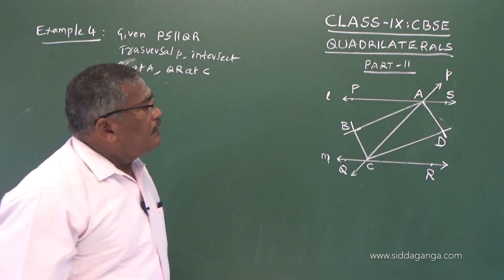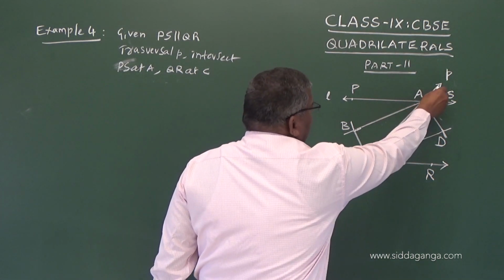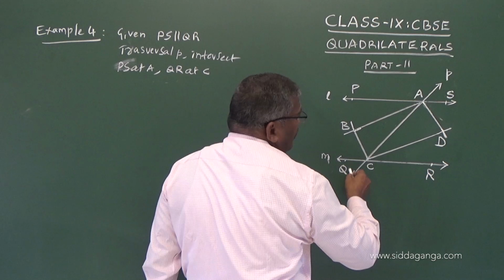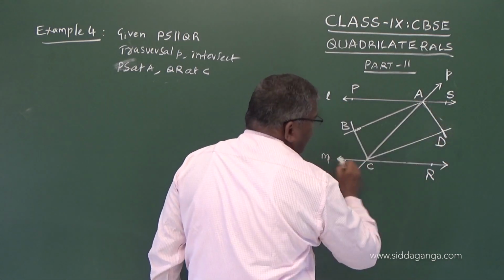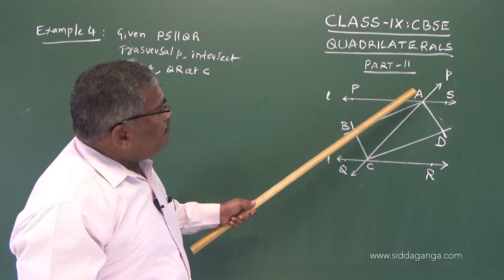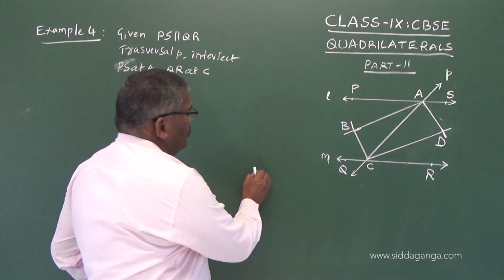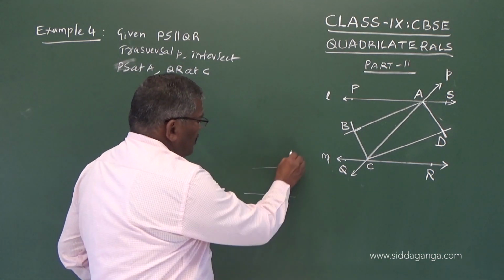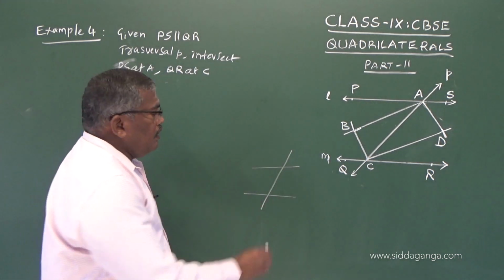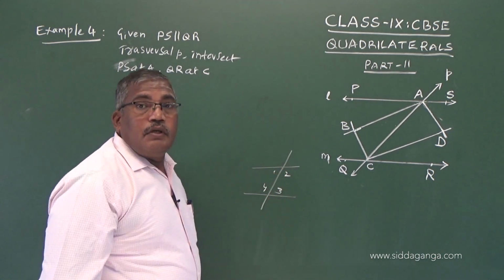Now, the interior angles here, so this is the transversal, PS is parallel to QR, interior angle PAC is one interior angle. So we have 4 interior angles, 1, 2, 3, 4.